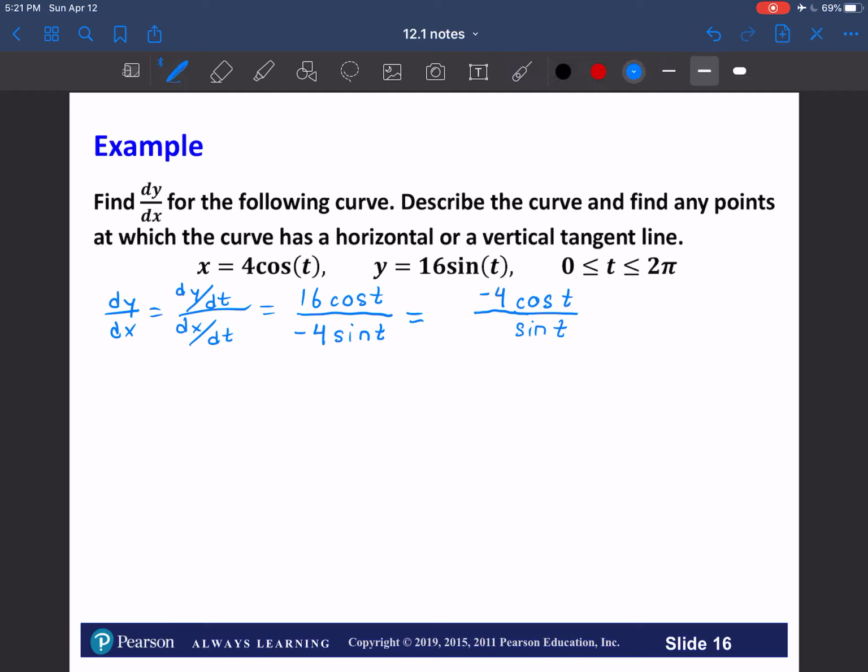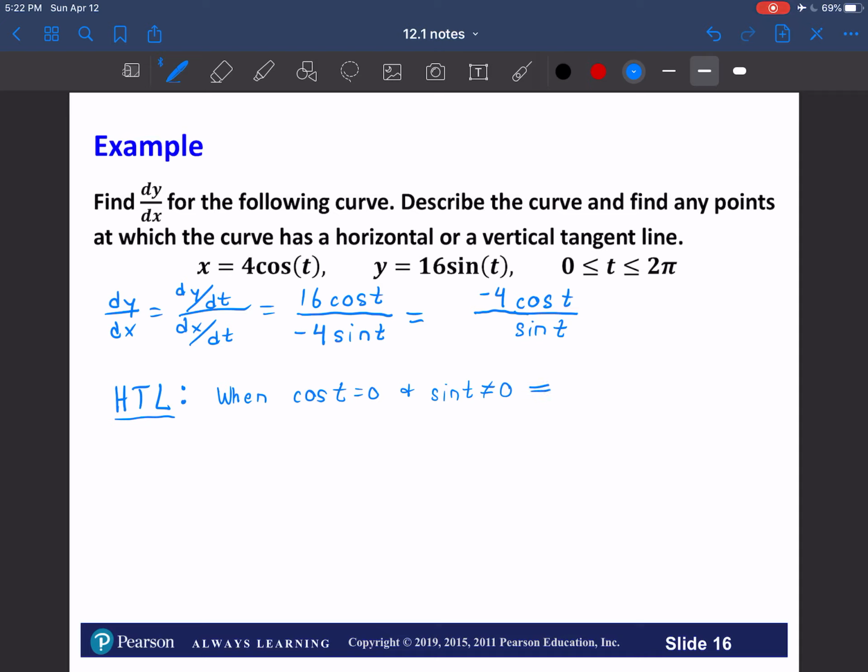Alright, so the thing that we should look at now is considering the horizontal and vertical tangent lines. So horizontal tangent lines occur whenever the numerator is 0 and the denominator is non-zero. So when cosine of t equals 0 and sine of t is not equal to 0. So what t values allow that to occur?